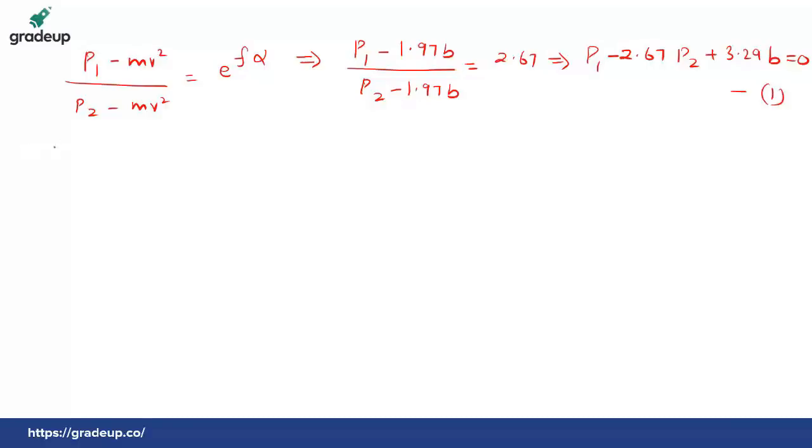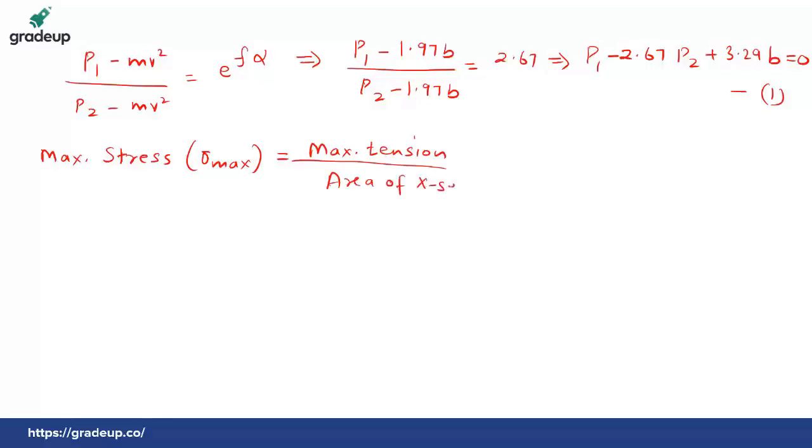Then we haven't used one more thing, that is the maximum stress. We have to use that. Maximum stress, sigma max, is equal to the maximum tension upon the area of cross section. Maximum tension is P1, and the area of cross section is nothing but b into t, and t is 5.